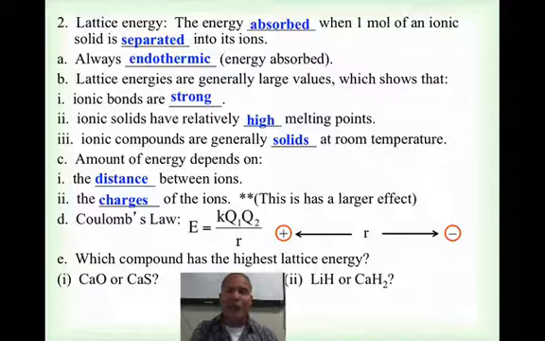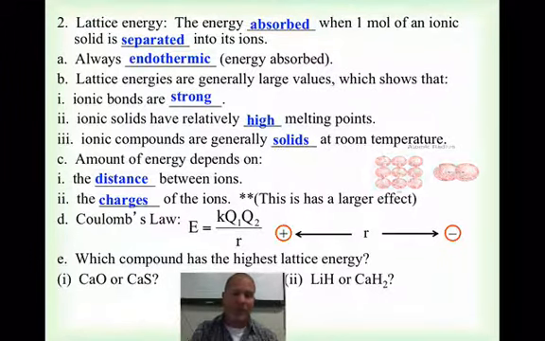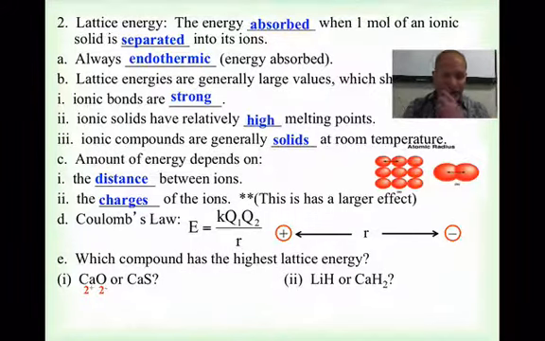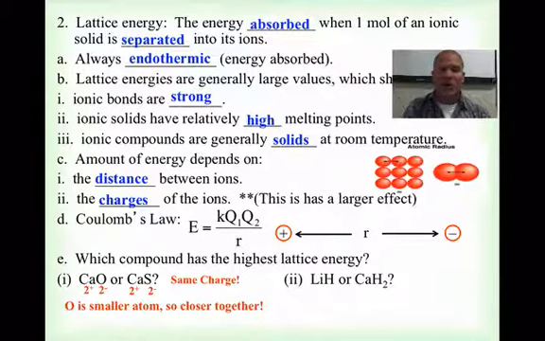And remember, as we move down a column, you get larger, so as sulfur gets larger, it moves further away from calcium, therefore it's weaker. And that's where we deal with the atomic radius. So again, remember, charges are the first thing you look at. If charges don't answer your question, then you look at the radius. Same charge, but oxygen is smaller, therefore closer, therefore stronger.